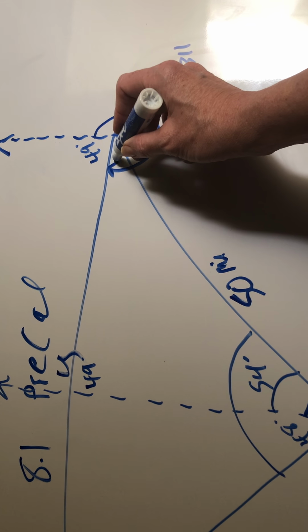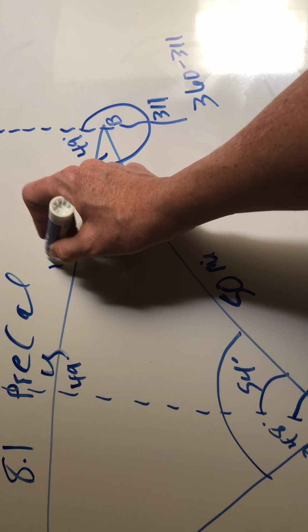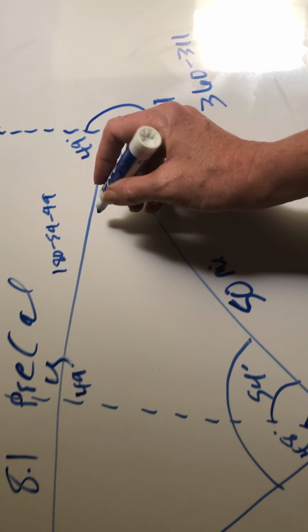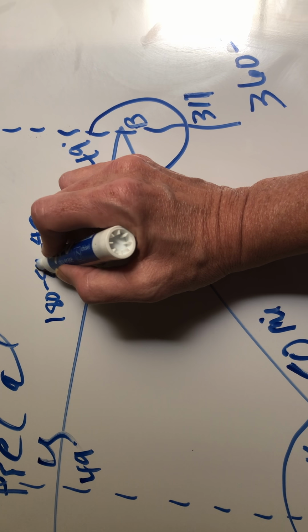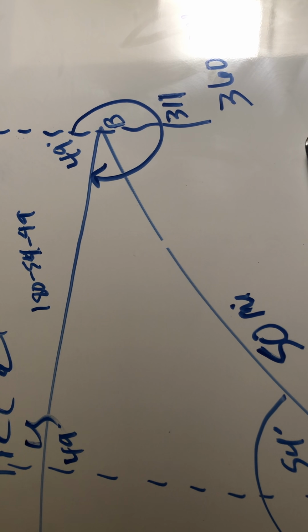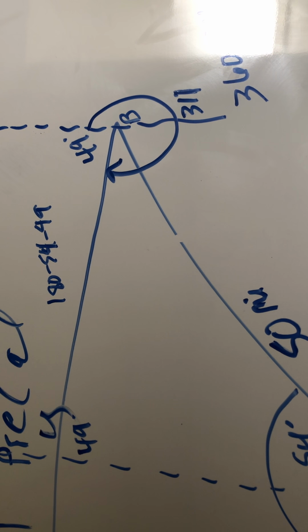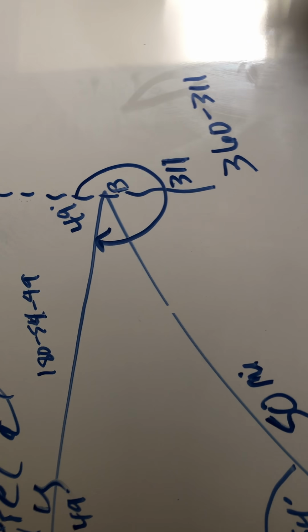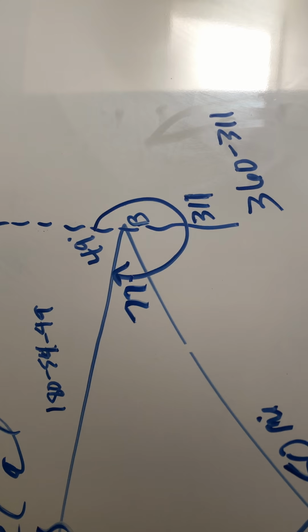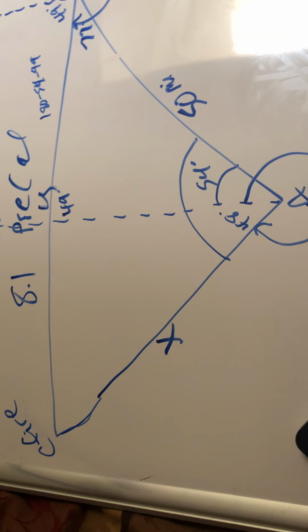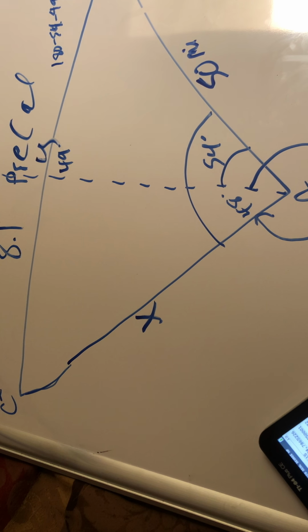So to find this angle right here at angle B, I'm going to do 180 minus 54 minus 49. So that gives us 77. So this angle right here is 77. Then to find the angle where C is, or where the fire is, I need to add 48 and 54.